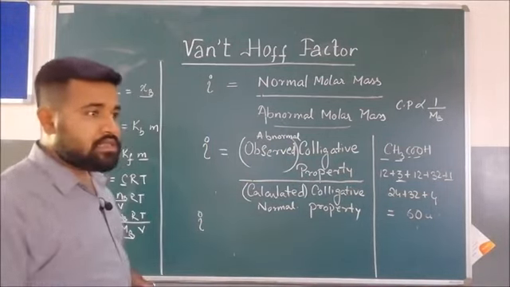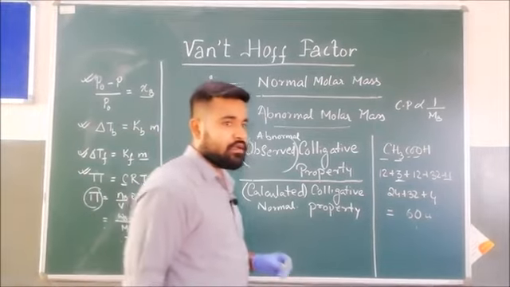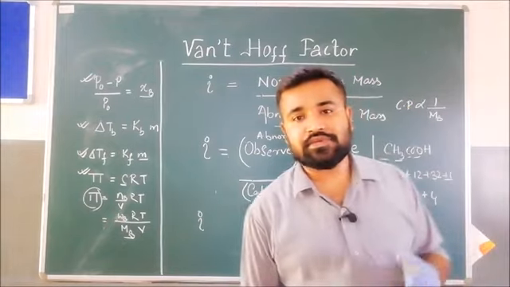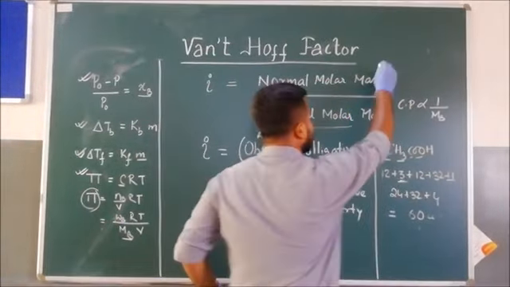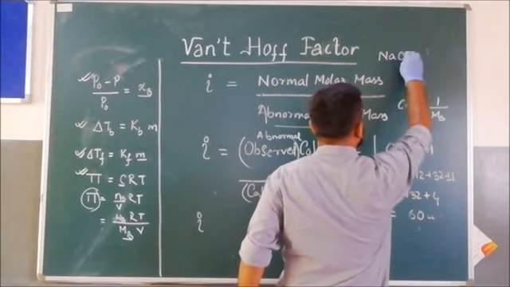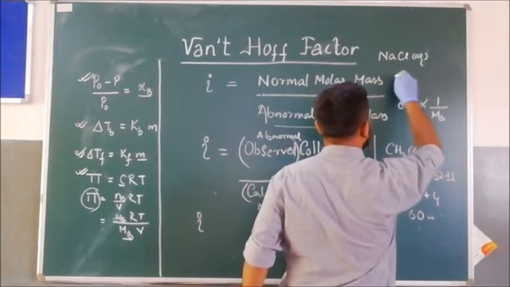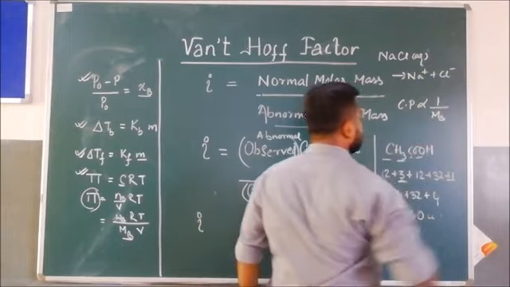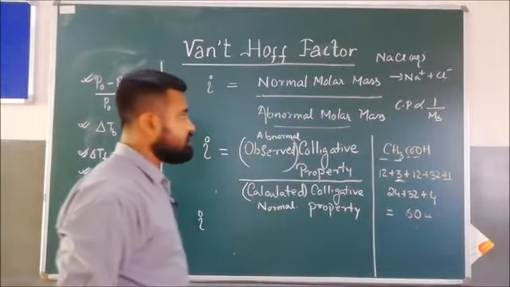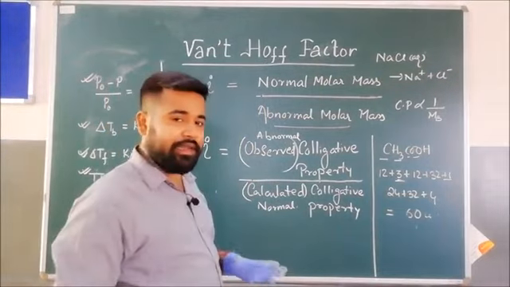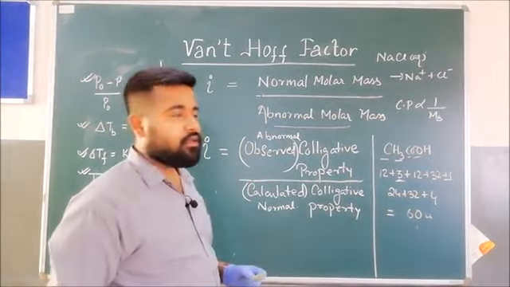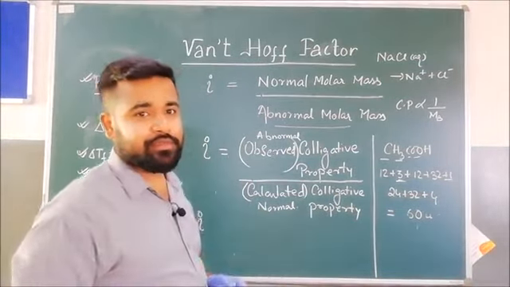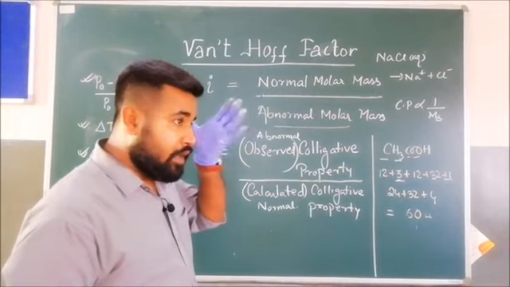Next value of i. This is in the case where some solutes, when we are preparing their solution, are either dissociating or associating. For example, when we are taking NaCl, in the aqueous solution it dissociates into Na plus and Cl minus. Clear?